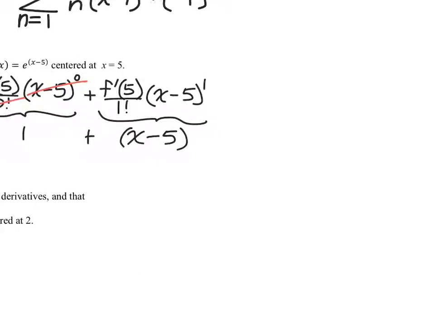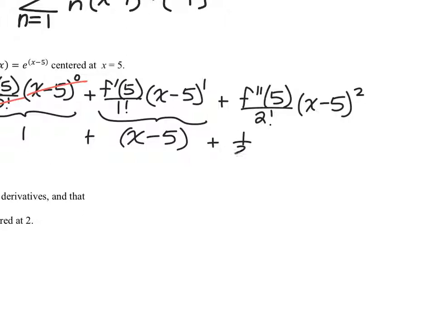The third term would be f double prime of 5 over 2 factorial times x minus 5 squared. So plus 1/2 x minus 5 squared.